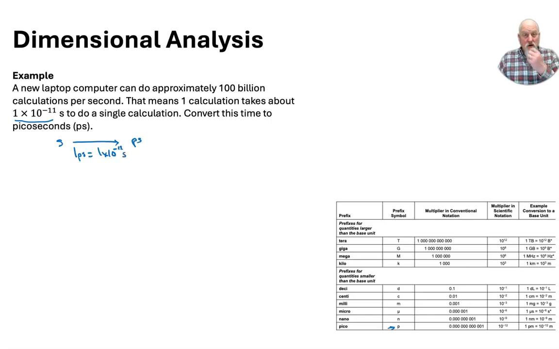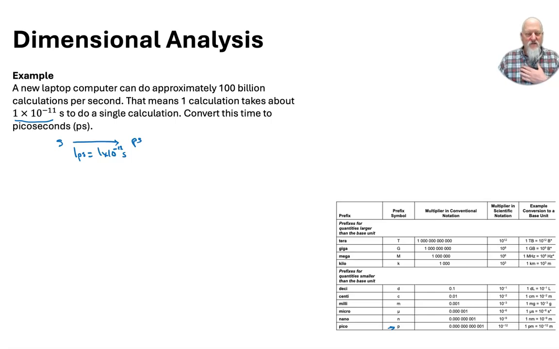A picosecond is a trillionth of a second, a very, very short amount of time. To go from seconds to picoseconds, I'm going to use this conversion. It doesn't matter that it shows picoseconds first and seconds second. It tells me 1 picosecond is equal to 1 times 10 to the negative 12 seconds. That's all I care about. It takes me from seconds to picoseconds.